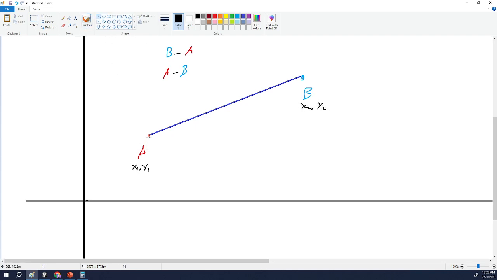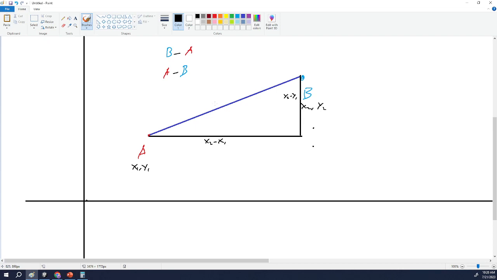This is our triangle right here. Ito yung triangle natin. And to get this length, this will just be x2 minus x1. To get this length, this is y2 minus y1.